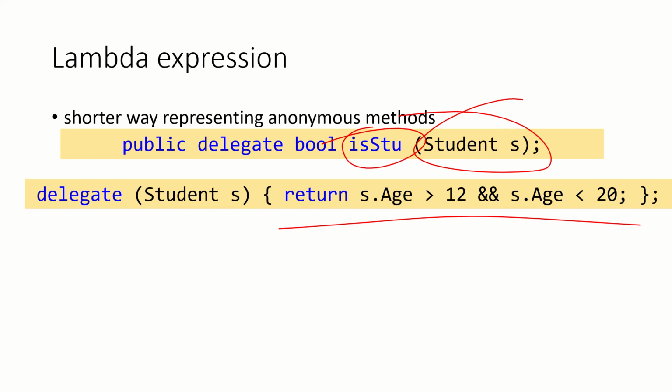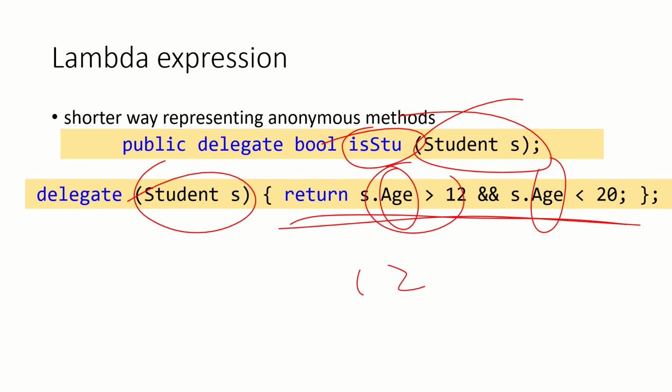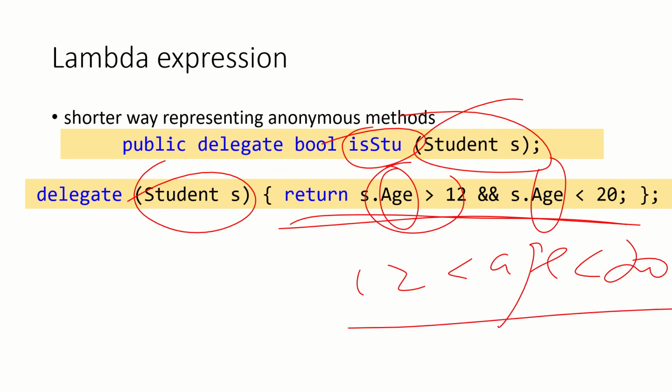Yes. So this one, basically we take the object of student, right? And get the age. Age is from 12 to 20. And check, this returns true or false, right?